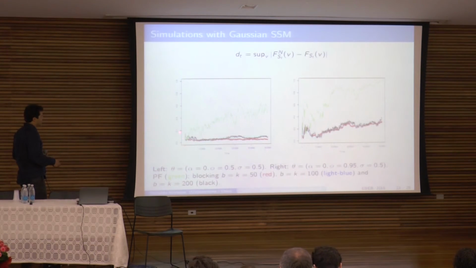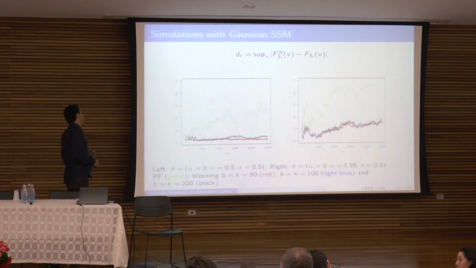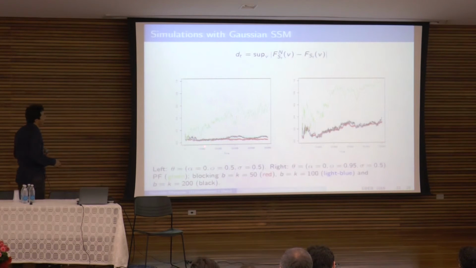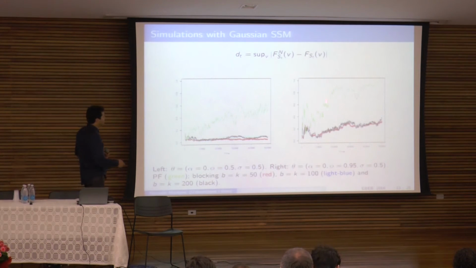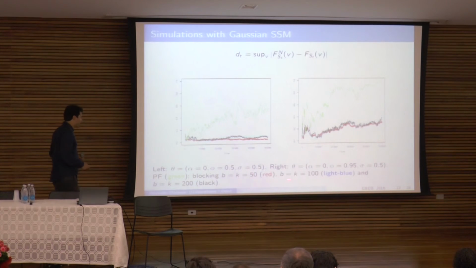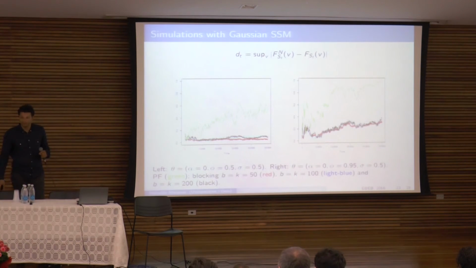You see the blocking controls the maximum distance between these two distributions, while for the ordinary method the maximum distance increases in time. In this extreme case you can see huge degeneration when I increase the correlation, and the particle method does quite badly. You see an increase in the blocking too, but much less compared to the particle filtering.